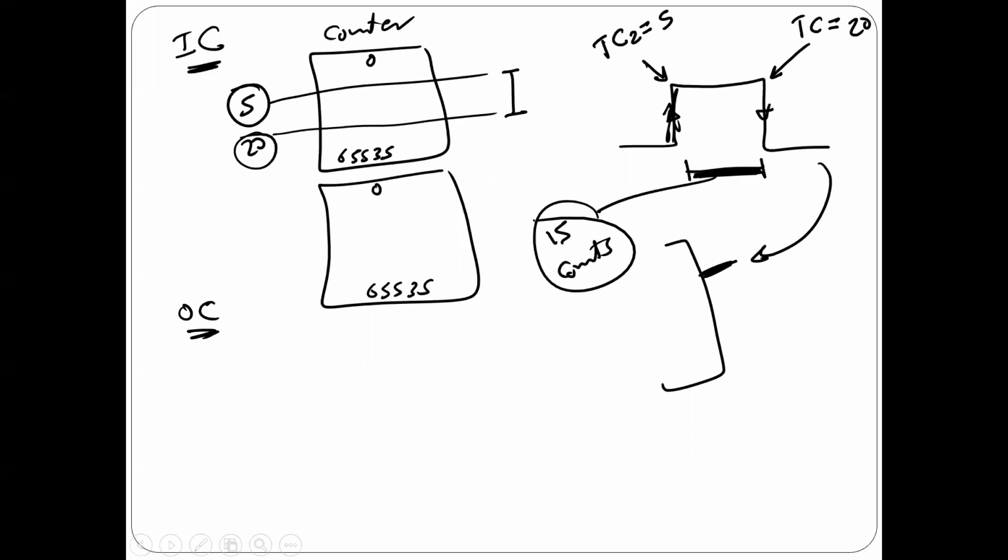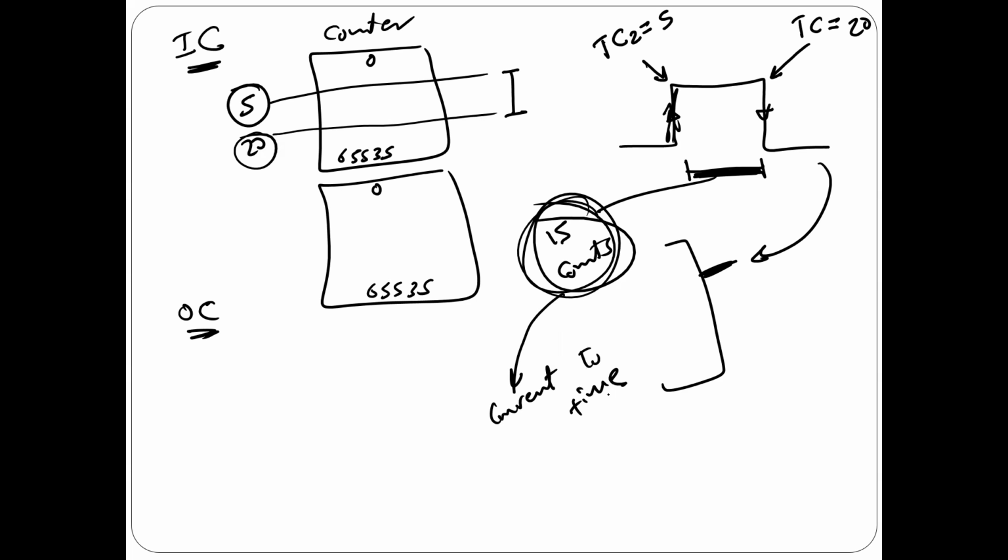That's why we need a counter here. I'm going to use the counter to help me measure time in terms of counts. How many counts? Is that okay? Then, after you know the number of counts, it's easy to convert to time.